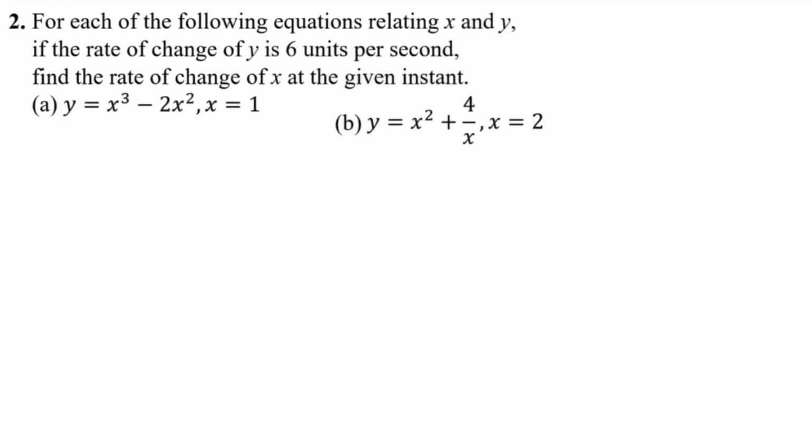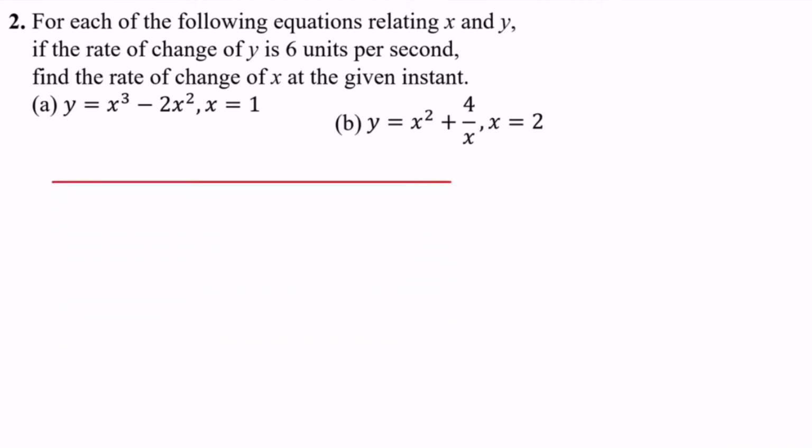For question number 2, same, we have to do dy/dx, okay? And the rate of change of y was given as 6 units per second. So we need to write it in terms of dy over dt, which is 6 units per second.